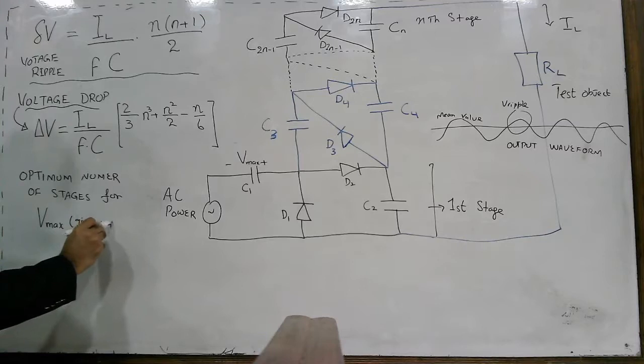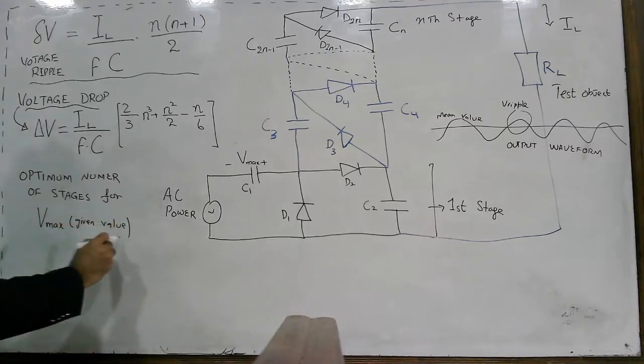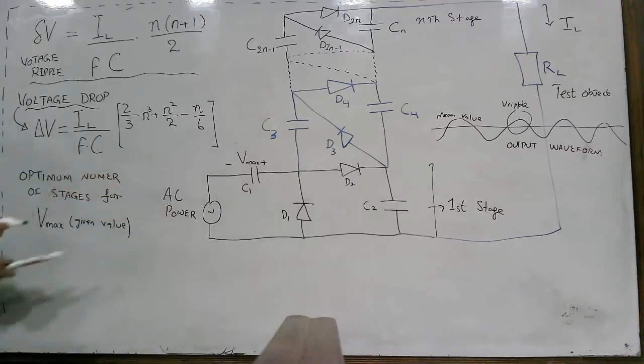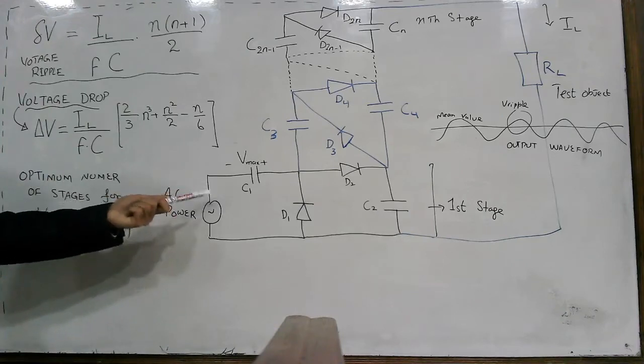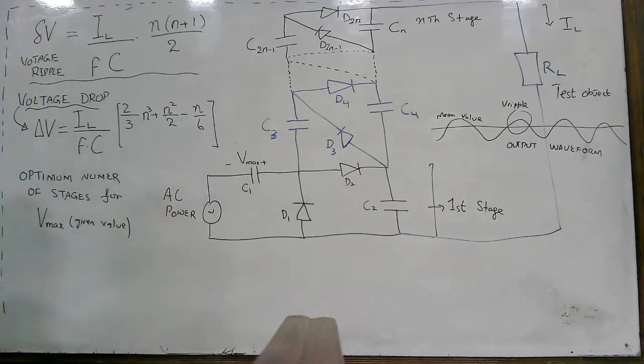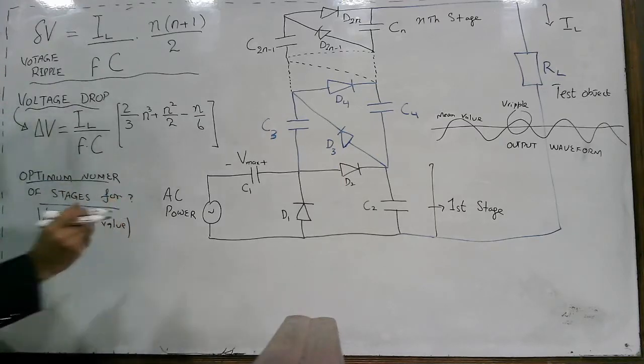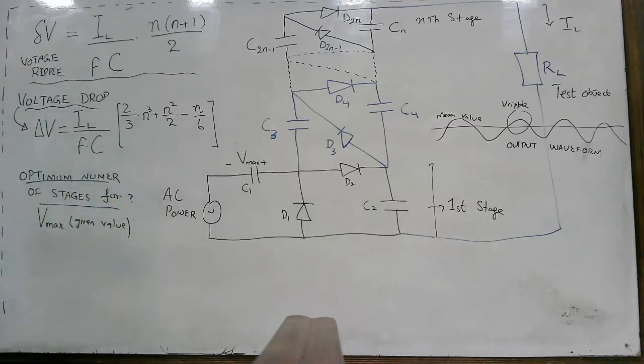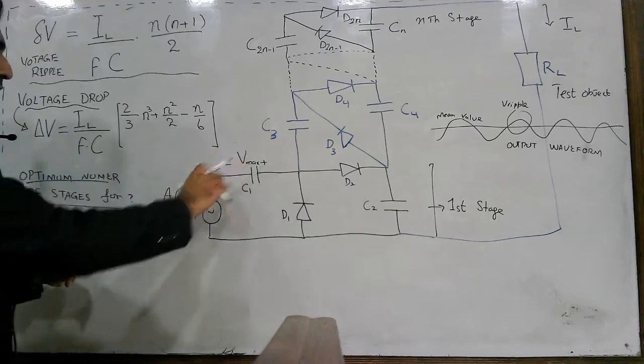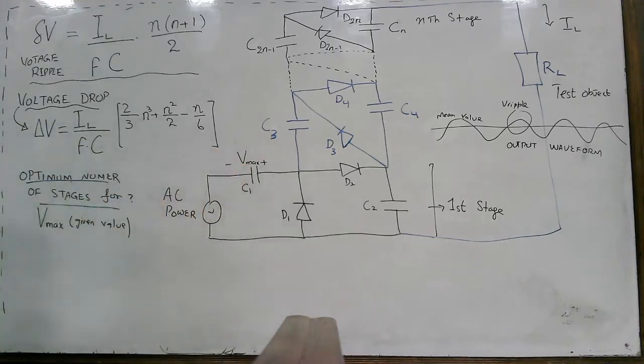Let's say I have 220 volts here, and what could be the optimum number of stages? Now 220 is the RMS value, and V max is the peak value of the input waveform. So what could be the optimum number of stages?